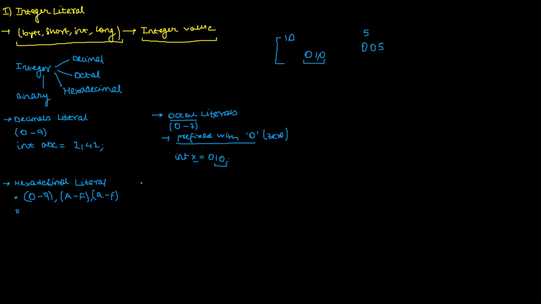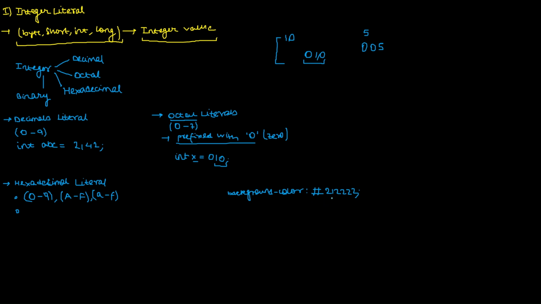You must have seen while playing with some CSS, cascading style sheet code, you definitely specify some background color, right? And that background color is preceded with a hash symbol, and then you write the color code, which is a 6-digit hexadecimal literal.